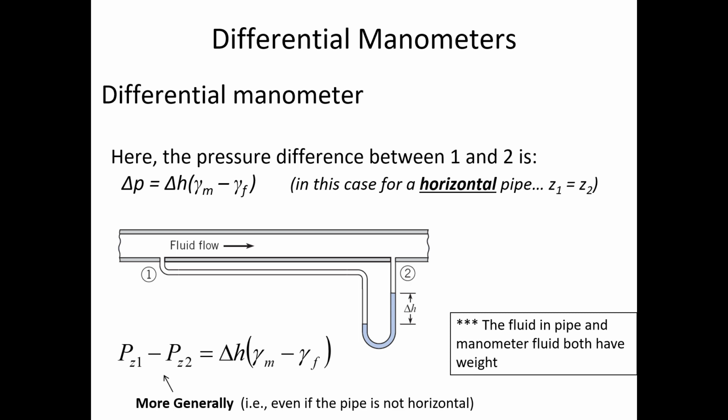So when it was horizontal, z1 equals z2, and that's why this equation applies if it's horizontal: z1 and z2 are equal.